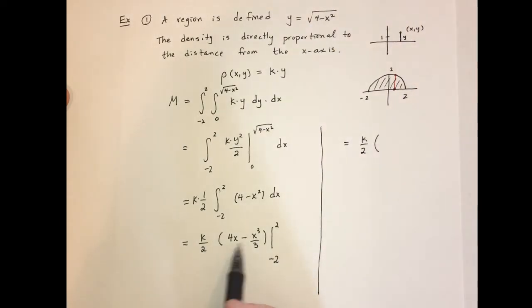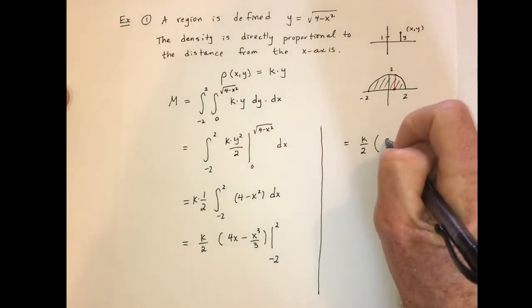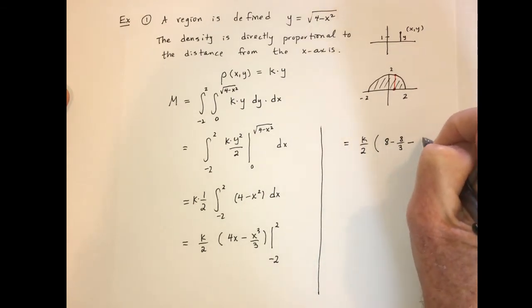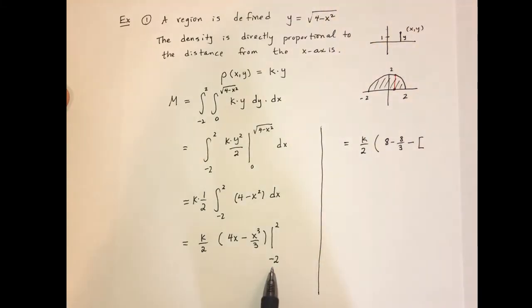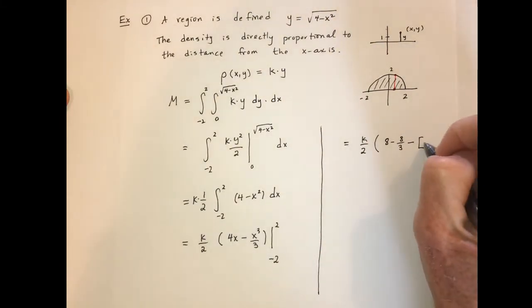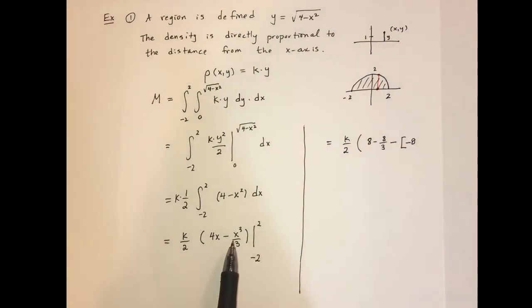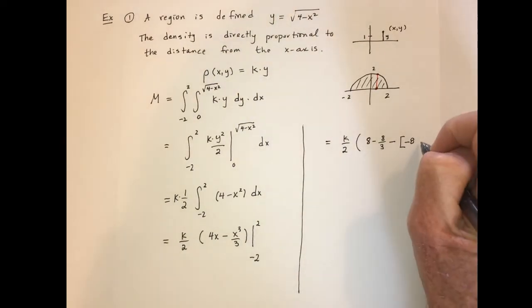And then when you substitute the 2 in here, this is going to be 8 minus 8 thirds. Then minus, when you substitute the negative 2, this will be negative 8. And this will be negative 8, but because of that, it's going to become positive 8/3.